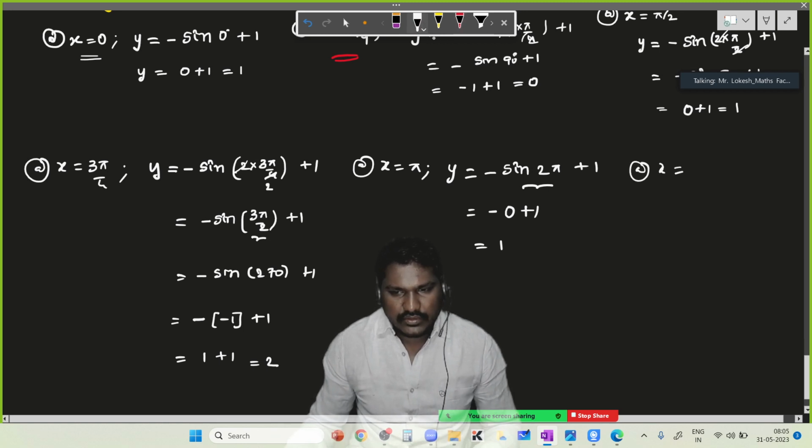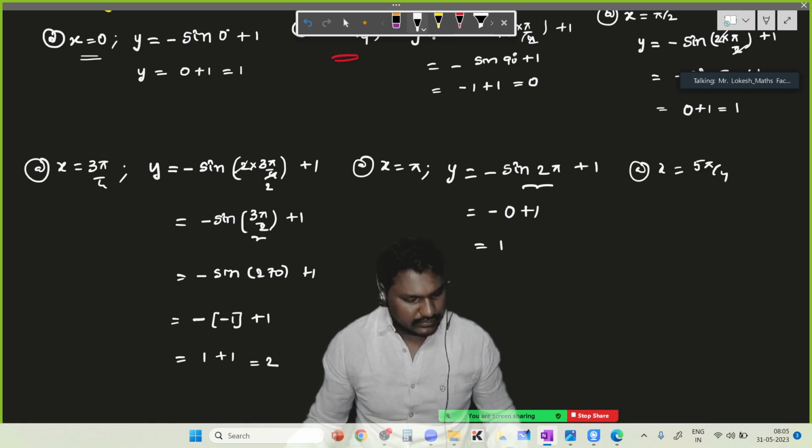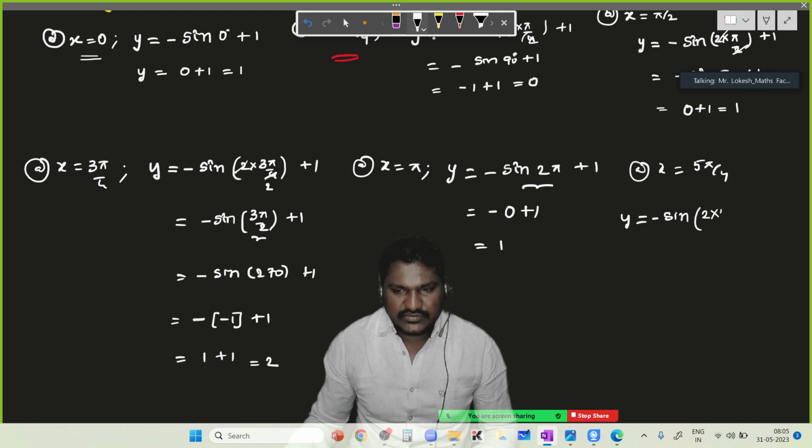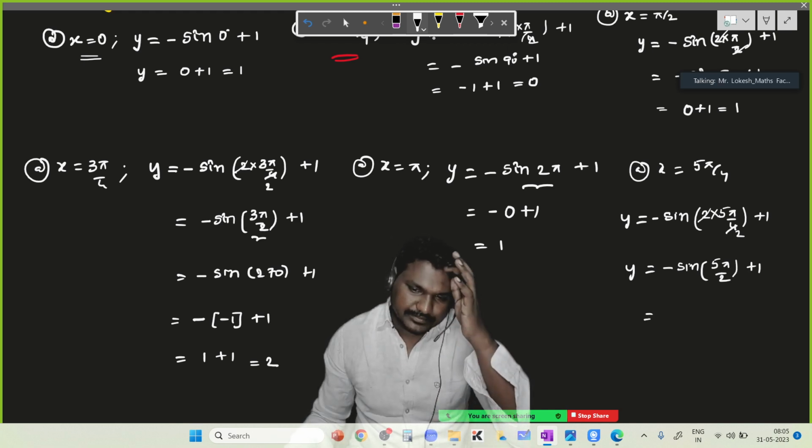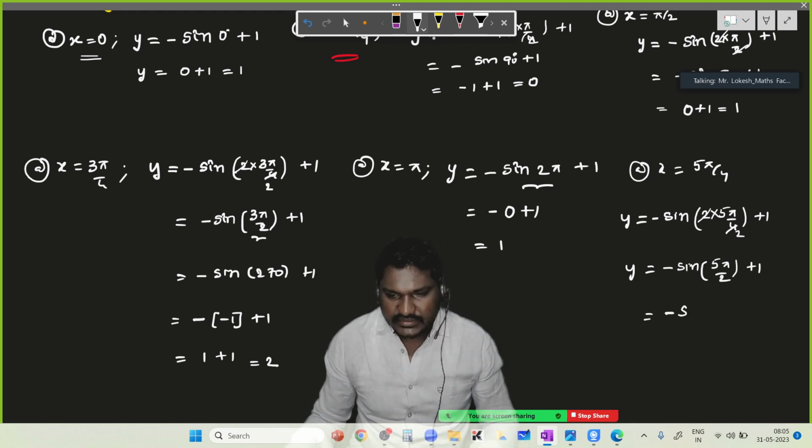At x is equal to 5 pi by 4, y is equal to minus sine 2 times 5 pi by 4 plus 1. So y is equal to minus sine 5 pi by 2 plus 1. So it will become 5 times 90, so sine 450 degrees plus 1.